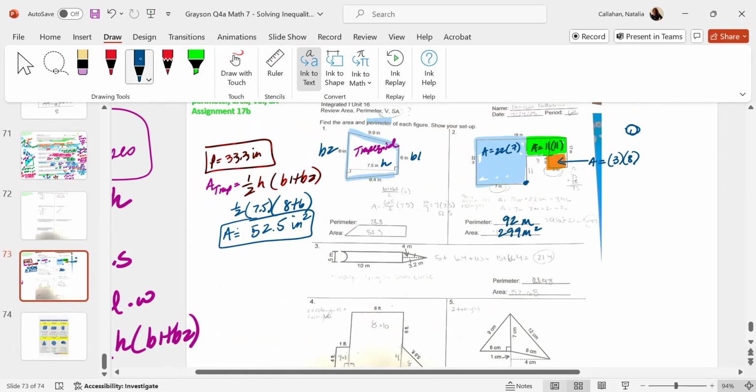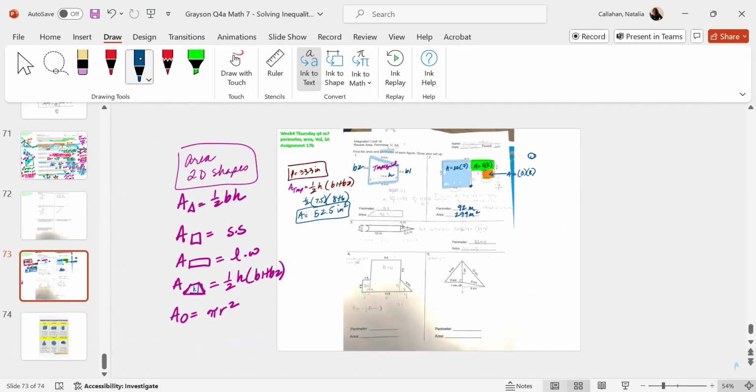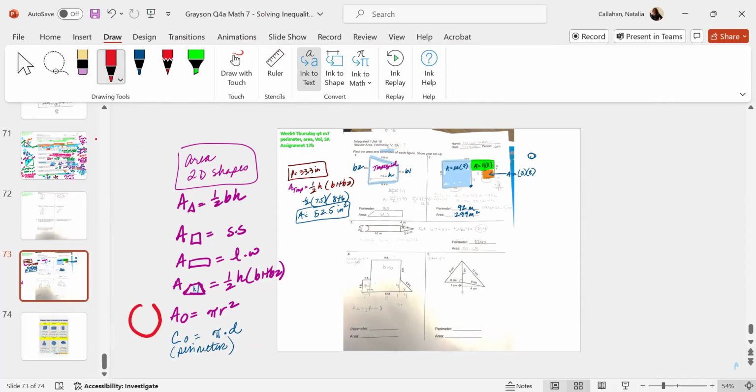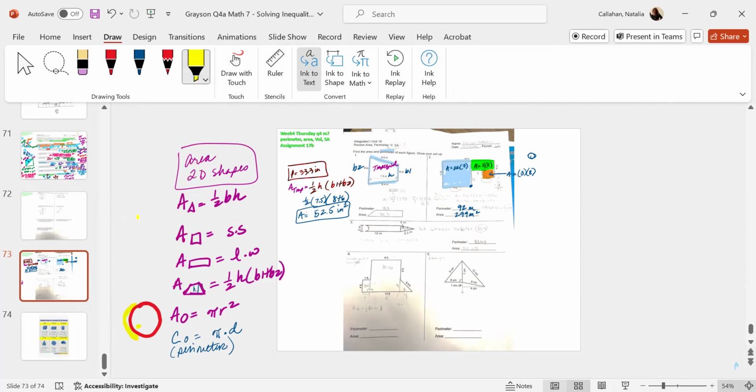One more thing that you need to add to this is circumference. Circumference of a circle is pi times diameter. The circumference is like the perimeter of a circle. Like, for example, you write that down. If this is a circle, the circumference is literally what goes around the circle.